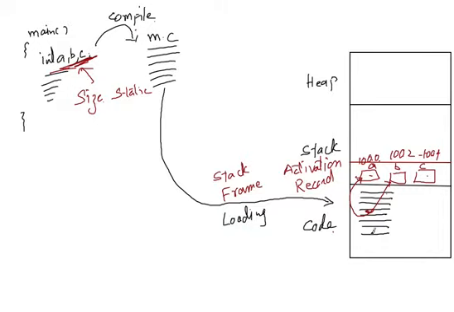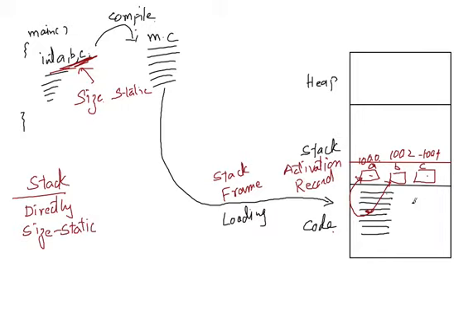So one thing we understood is that stack memory can be accessed directly by using an address. The second thing we understood is that the size of the stack memory is static.